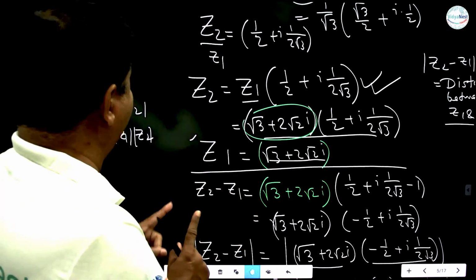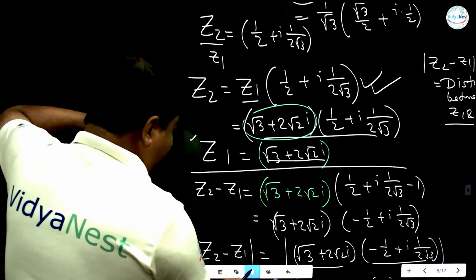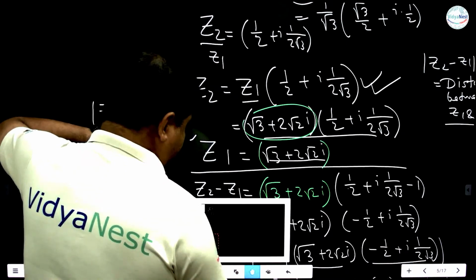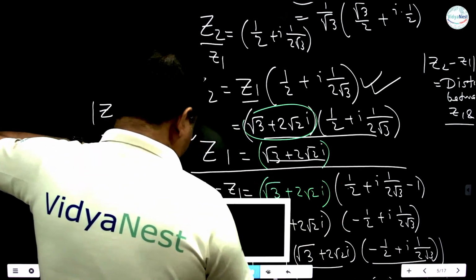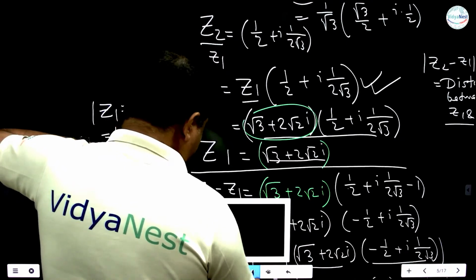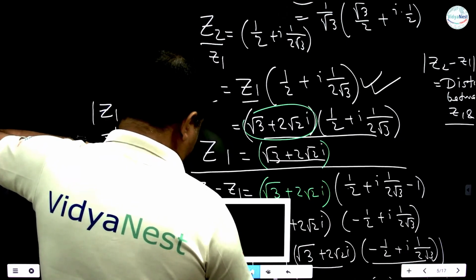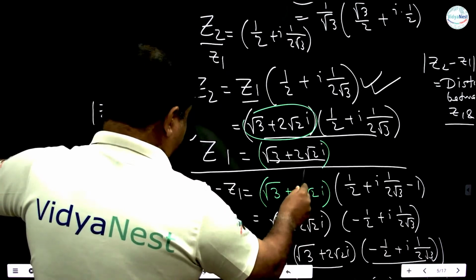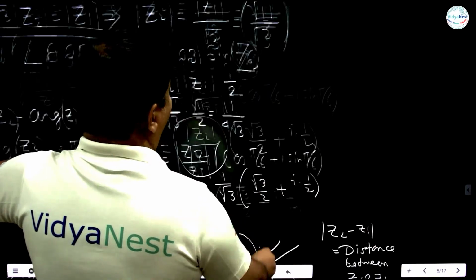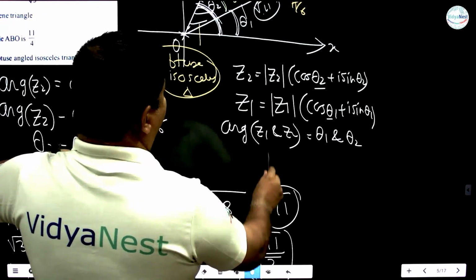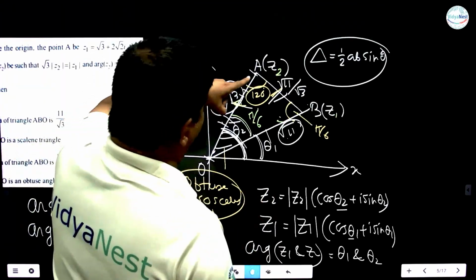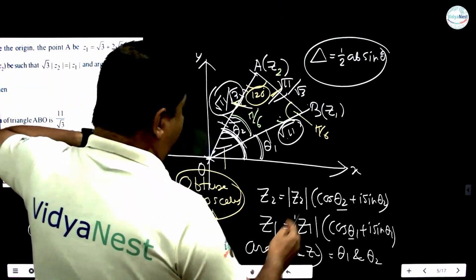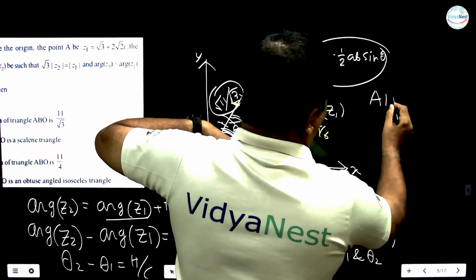So better, I thought, okay, two sides are given. Just wait. Two sides are given. How to get the third one? How to get the third side? See, like vector AB, how to find that?